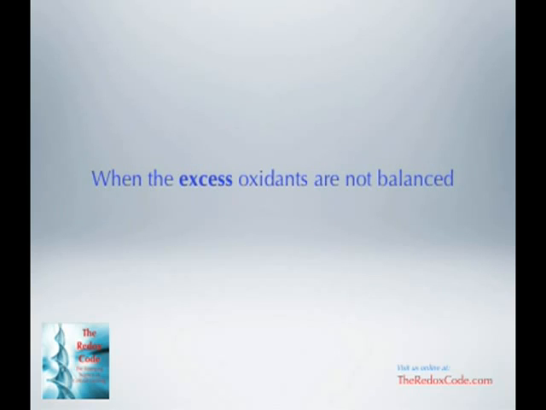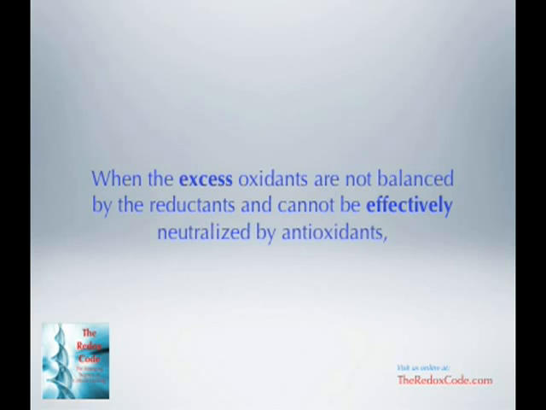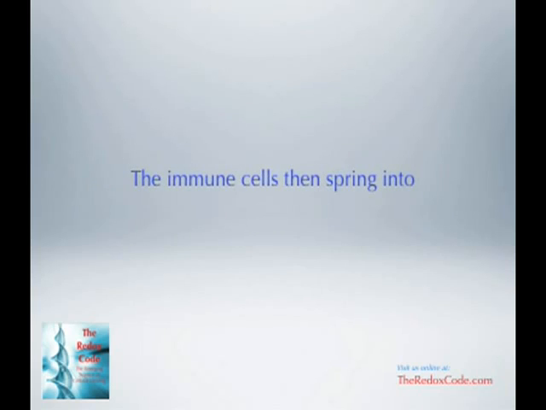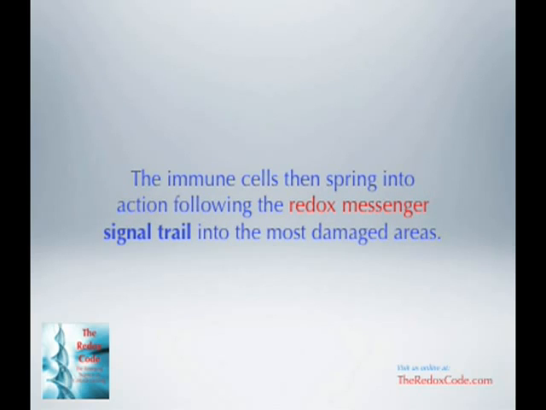When the excess oxidants are not balanced by the reductants and cannot effectively be neutralized by antioxidants, the cell sends an alert to the immune system and surrounding cells via the redox messengers. The immune cells then spring into action following the redox messenger signal trail into the most damaged areas.